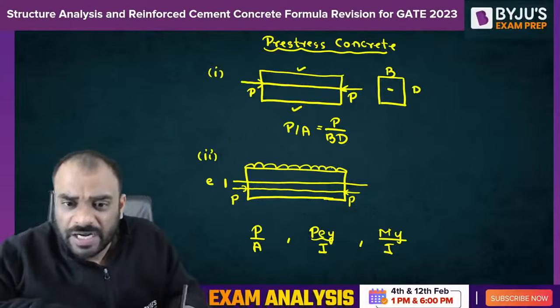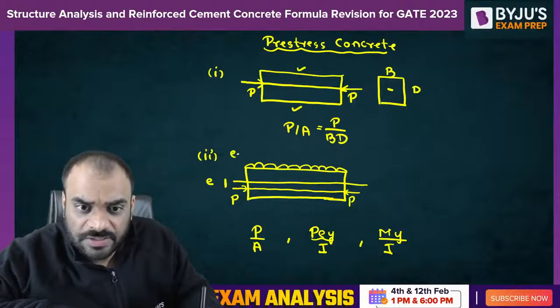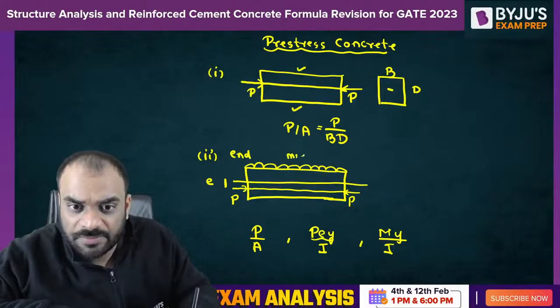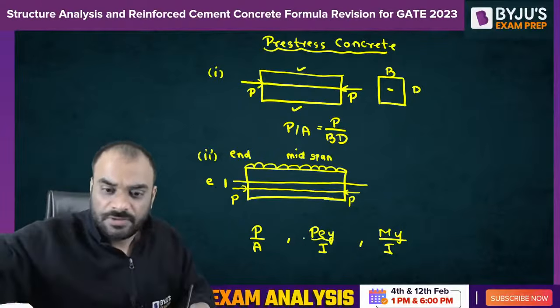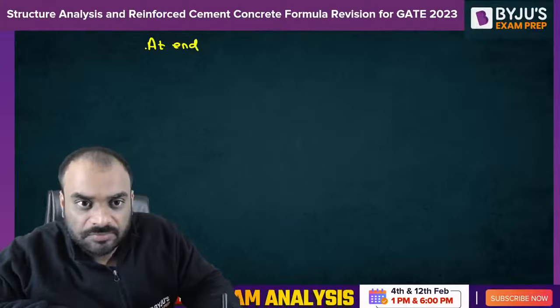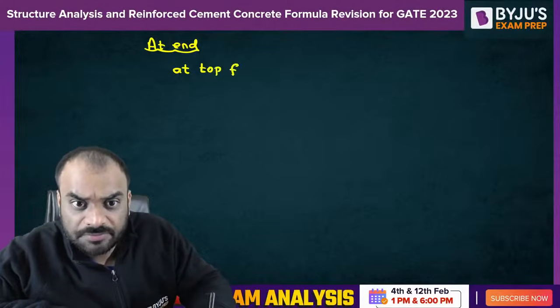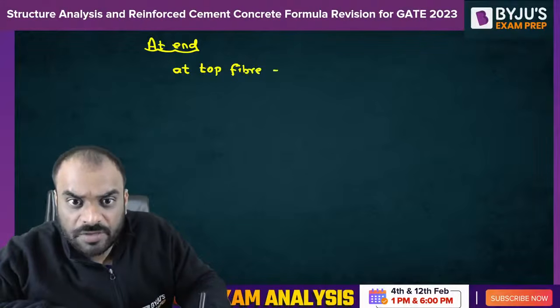If I ask you guys at the top fiber, let me write here, this is basically the end and this is basically mid span. Okay, so wait a minute guys. At end, at top fiber, what should be our stress?